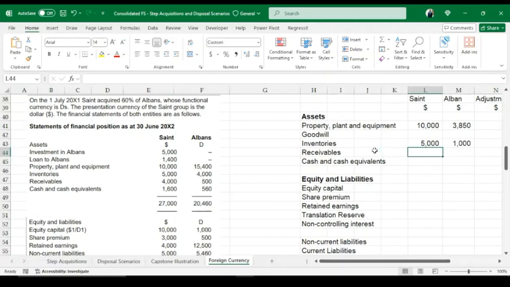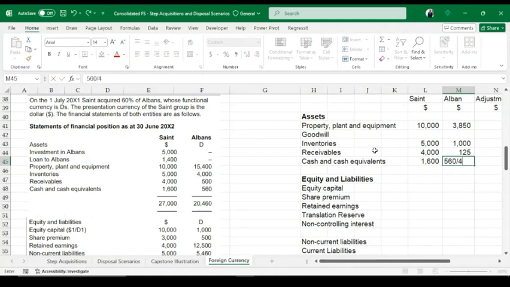Then we have receivables. Our receivables are 4,000 for Saint, and then D500 for Alban. That's going to be divided by 4, so we have 125 right there. Then we have cash and cash equivalents. We have 1,600 for Saint, which is the parent, and then D560 divided by 4 for Alban.